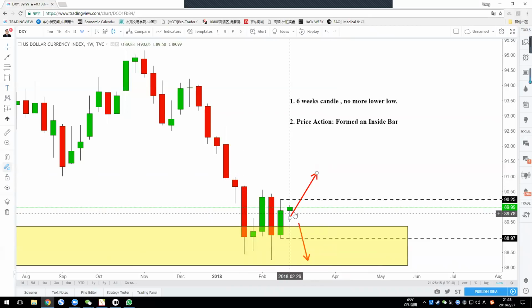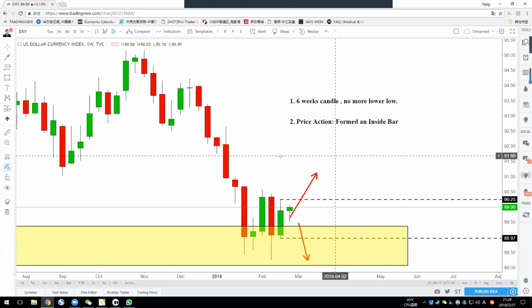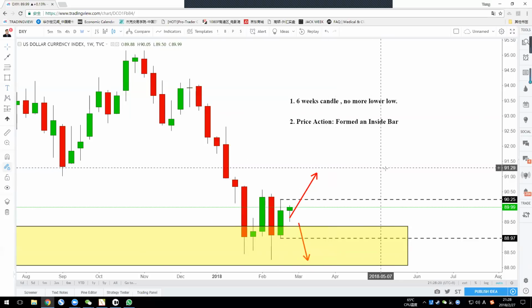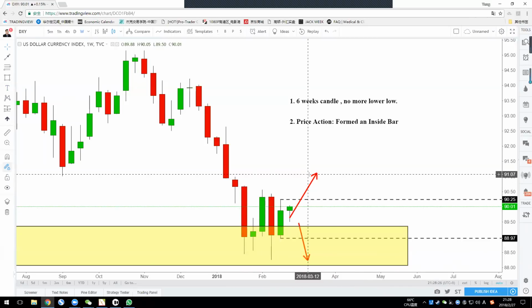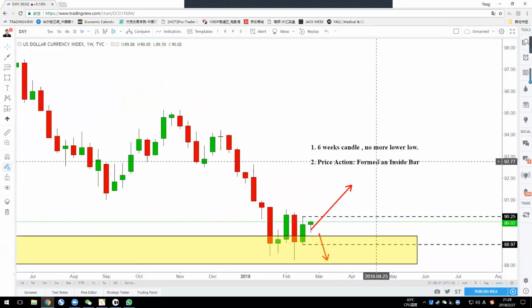But if this inside bar goes up, then it tells you direction has come. So guys, we have to watch this 90.25 area. If the DXY can break up this level, it will definitely go up to 91.73 at least.